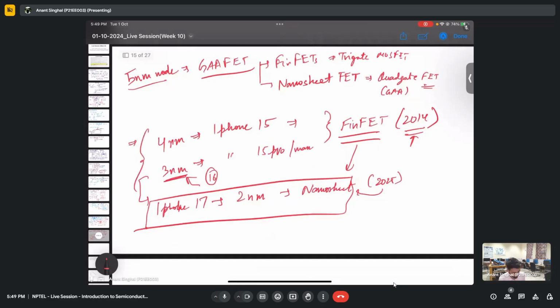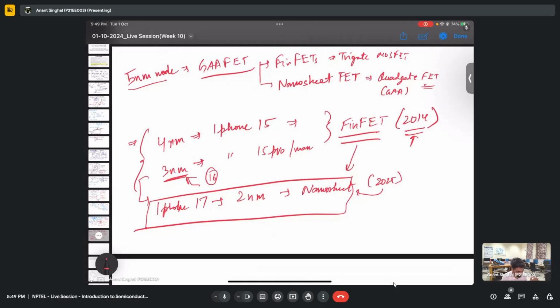So what is a node? Sorry, what do you mean by node, sir? Okay, that is a good question. Let's say I'm saying 5 nanometer technology node. It does not mean, first of all, that it is a 5 nanometer channel length. By channel length, I mean the gate length.